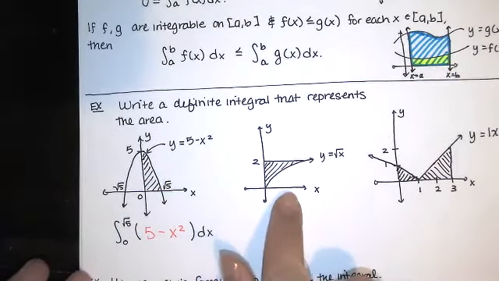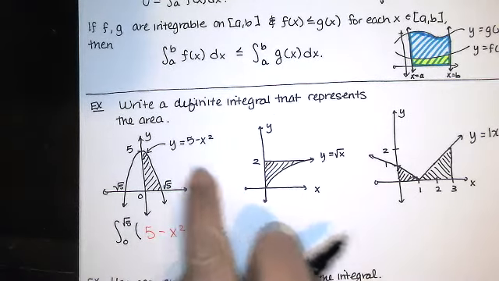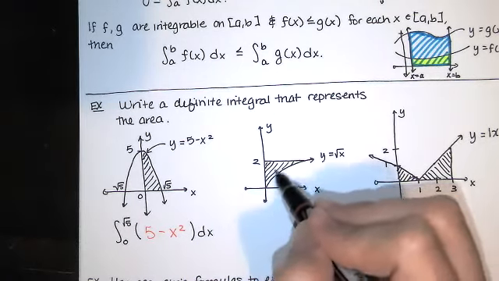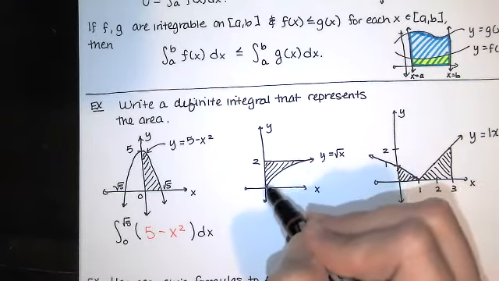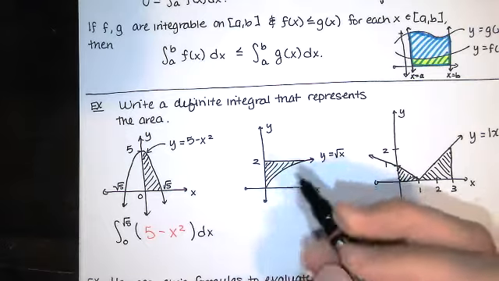Now this one is a little trickier because we aren't necessarily going to write an integral with respect to x for this one. We're going to write an integral with respect to y, and you might be saying to yourself, why would I do that? It's because that area that is shown here, it's against the y-axis rather than the x-axis.